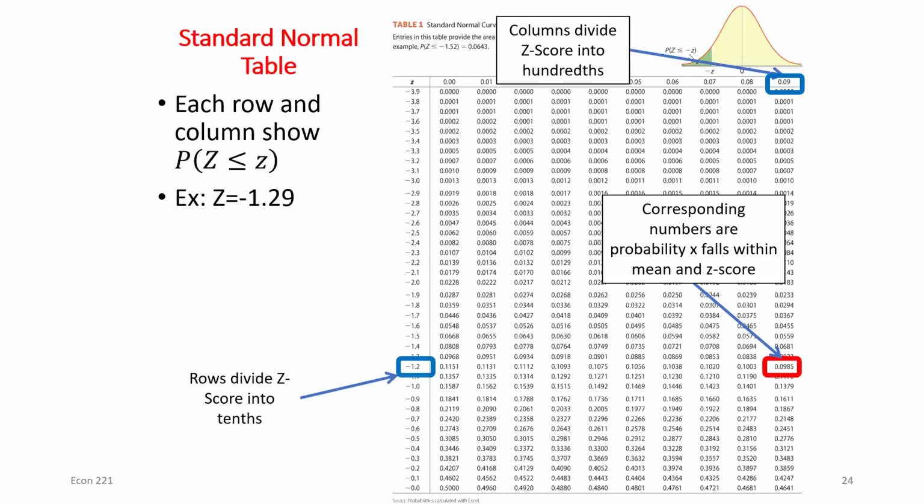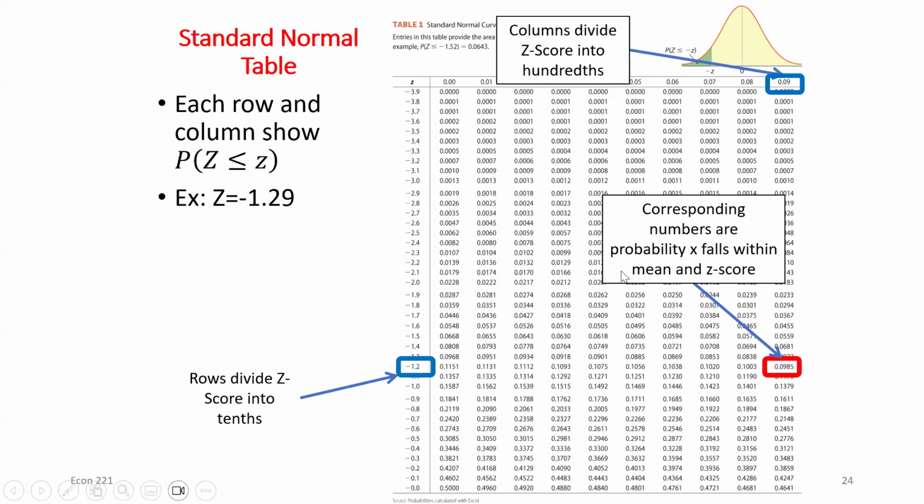Okay. So whenever I find a z-score, or wherever I see a value for a variable that's 1.29 standard deviations below the mean, the probability I saw something that far away from the mean, or anything even further, right, anything even less than 1.29 standard deviations, would always be 0.0985. Okay. So that's how we use this table.